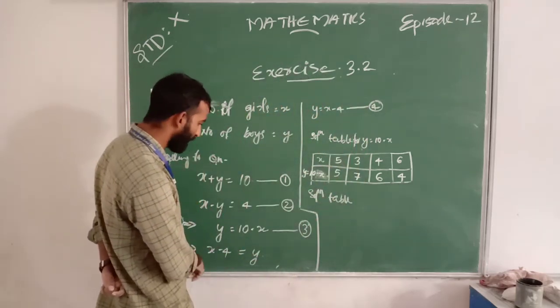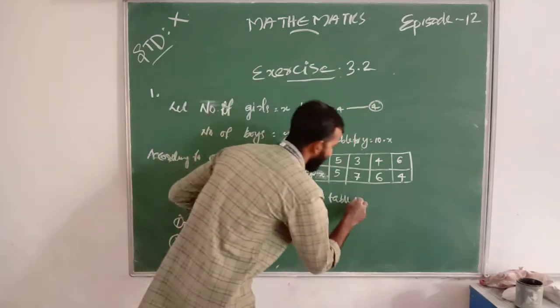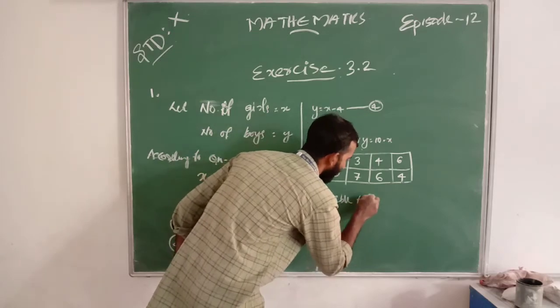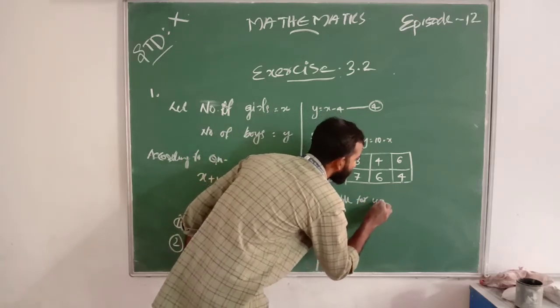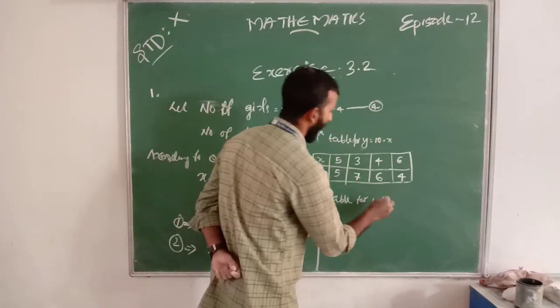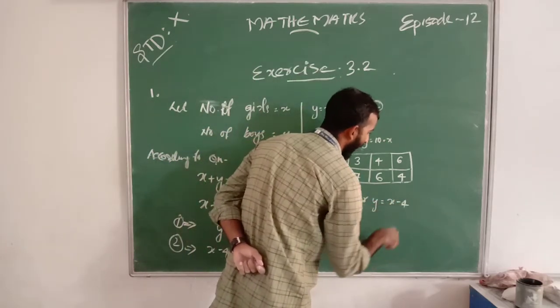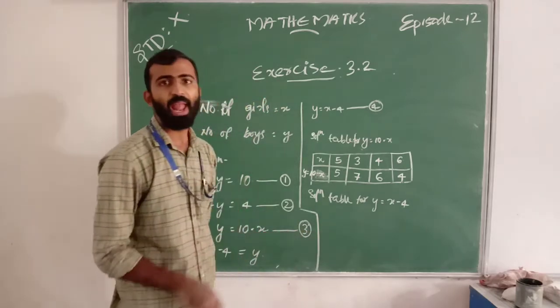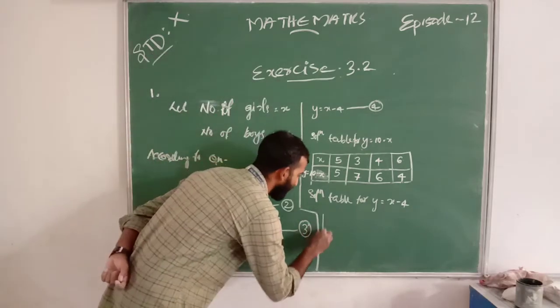Solution table for equation number 4: y equal to x minus 4.